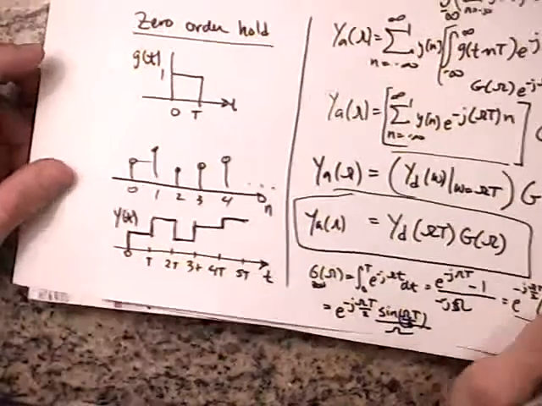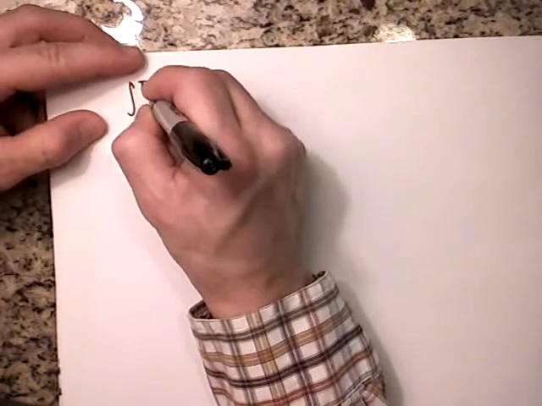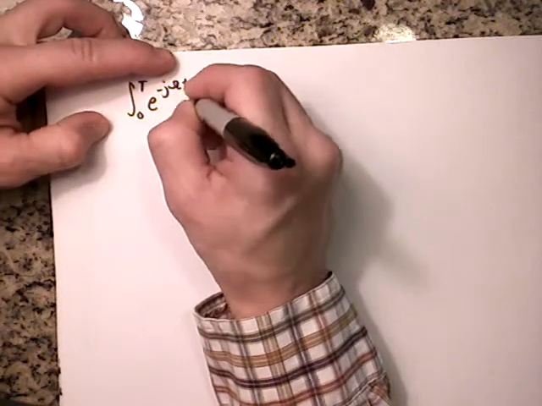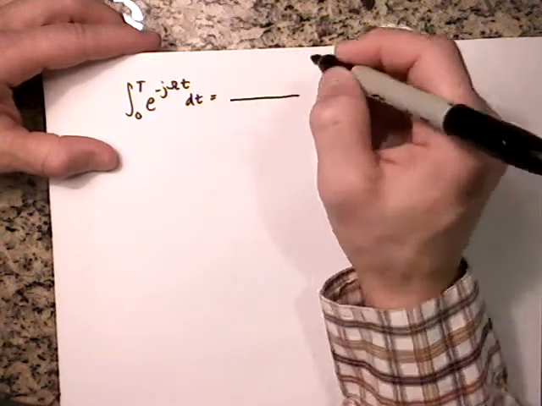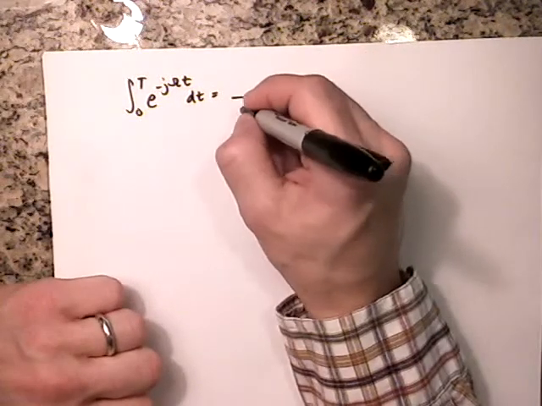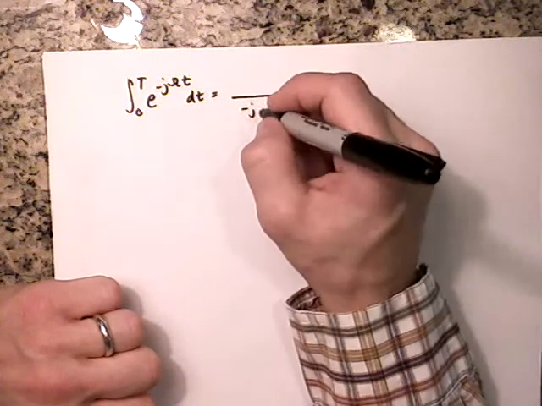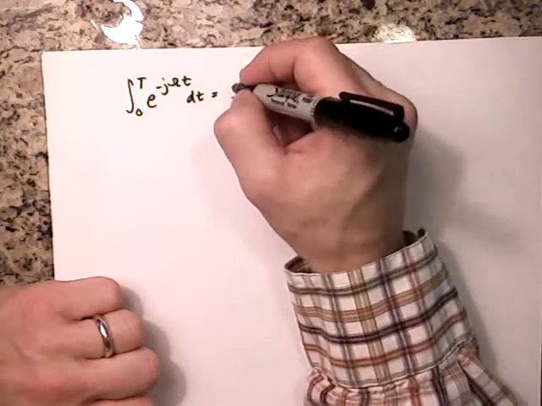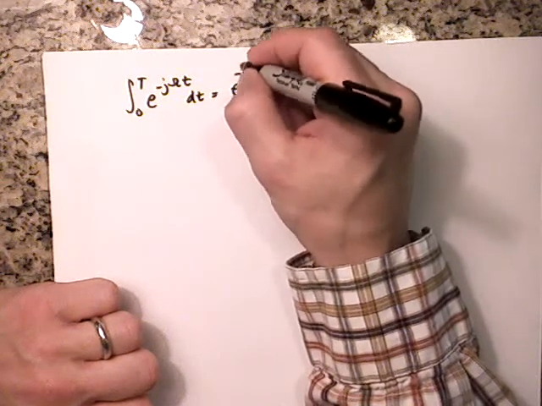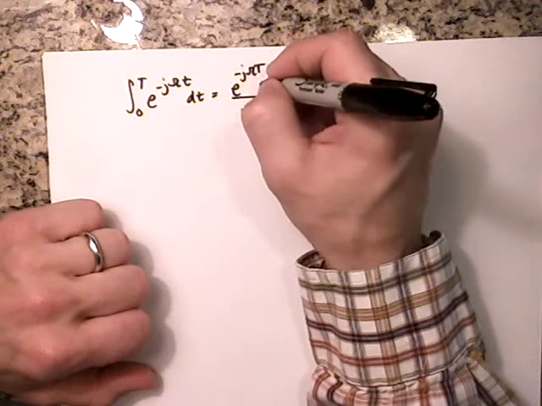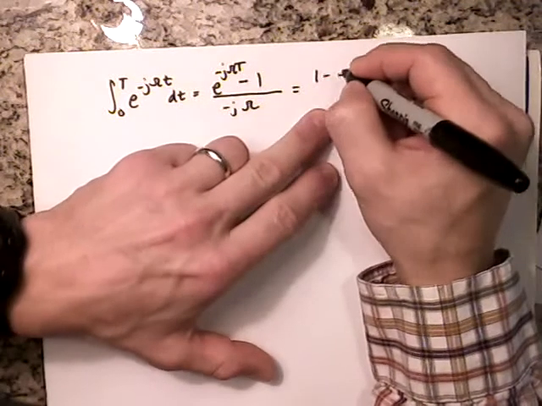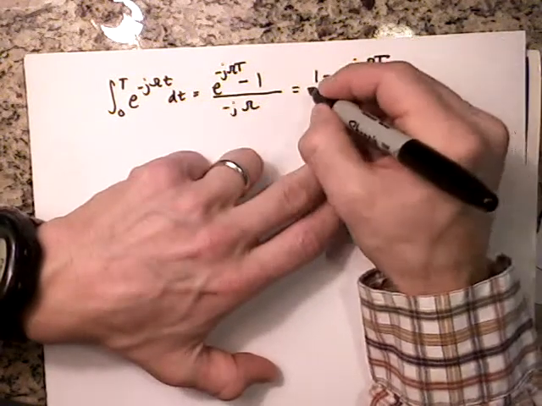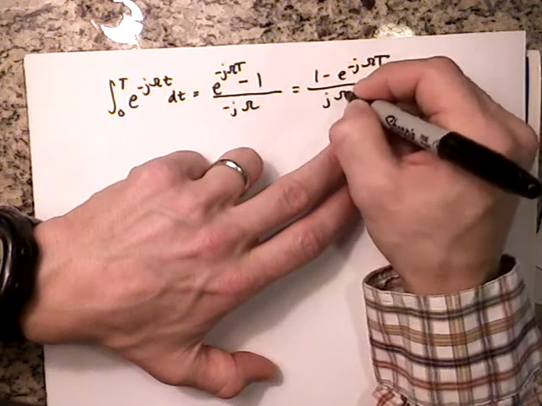Let's do that again. Oh, we've got some more room. Take the integral from 0 to T of e to the minus j omega t dt. So that gives us minus 1 over j omega times e to the minus j omega T minus 1. So that's 1 minus e to the minus j omega T over j omega.